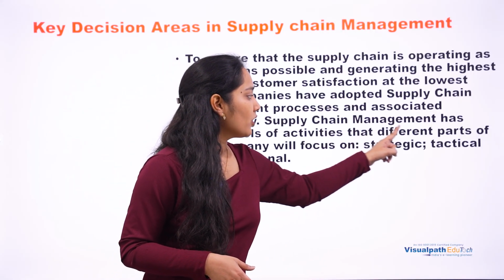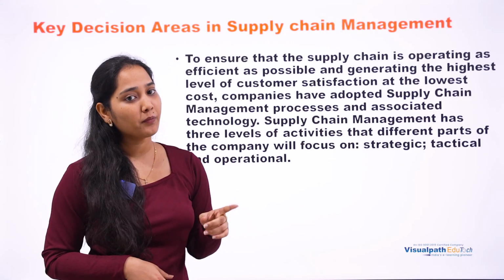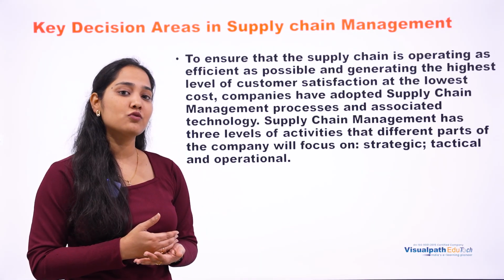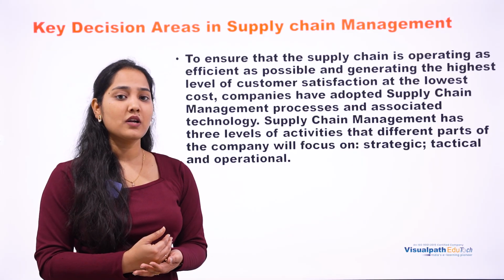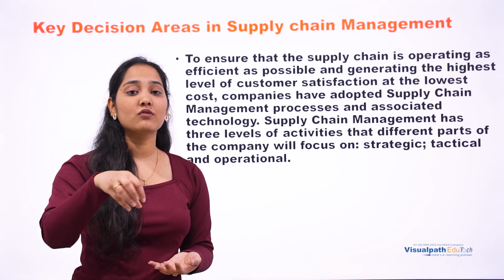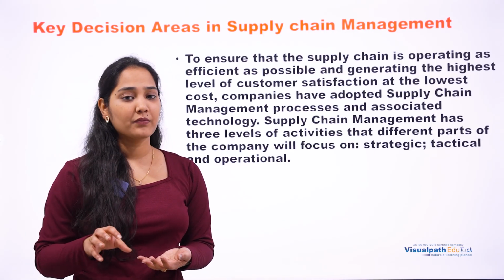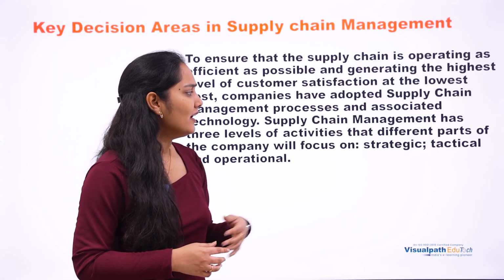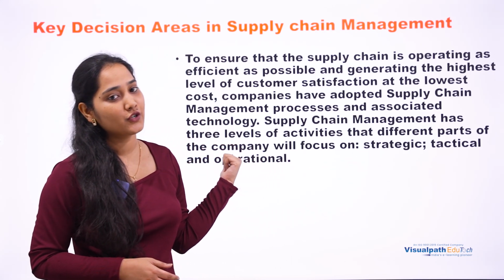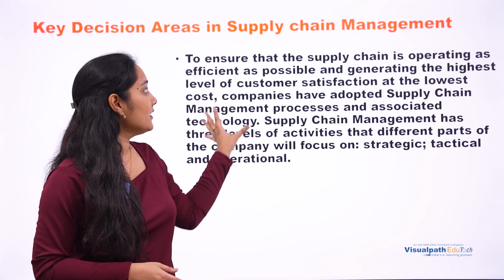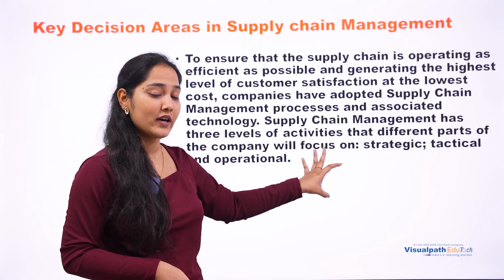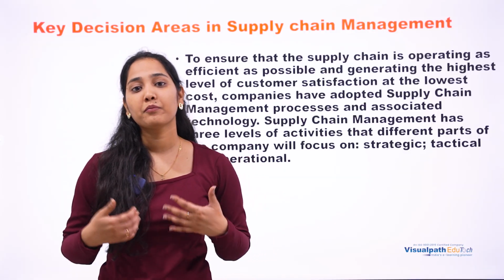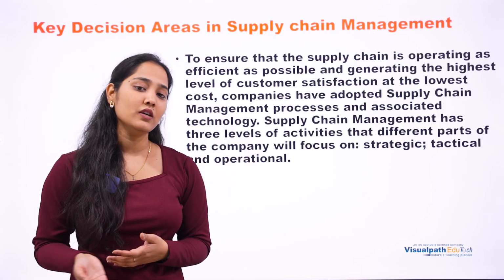Because a strategic plan is important for the supplier and the manufacturer: how the product needs to be produced, when it needs to be produced, and how it needs to be brought into the market to the people who are available to purchase it, right? And there are certain tactical ways and certain operational segments. So these are the main categorizations under SCM: how a product needs to be supplied, produced, and also sold to the customer.